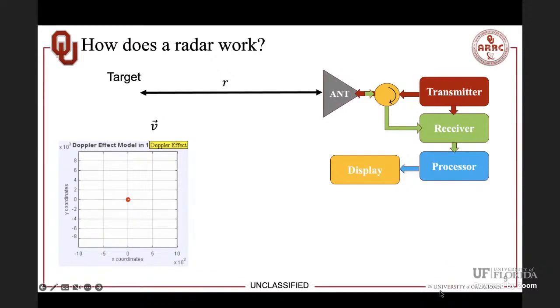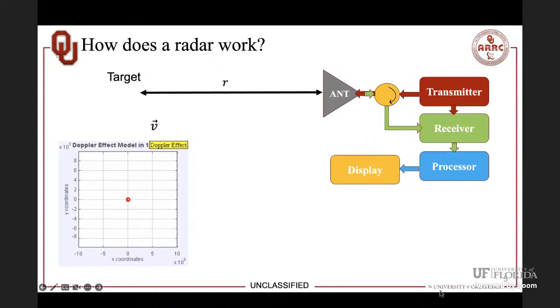The radar I showed you from OU sends out 1 megawatt of power. Some of these radars are very, very powerful because what you're seeing is not really a reflection. You're receiving what we call backscattering signal. Only a very, very tiny portion of the signal sent out comes back to your radar. So that's why you want to send out a lot of power to illuminate, when you actually receive only a little bit.